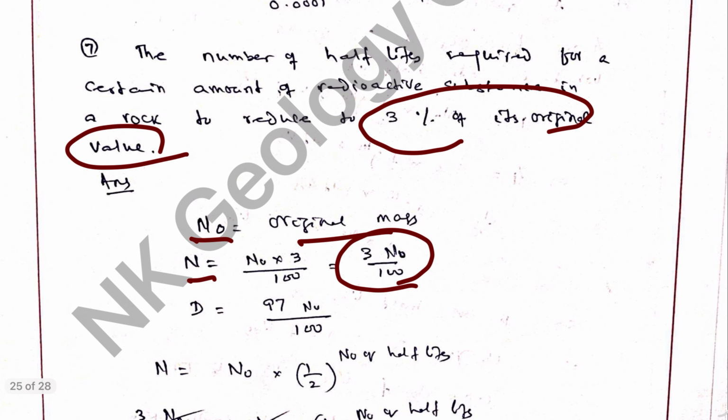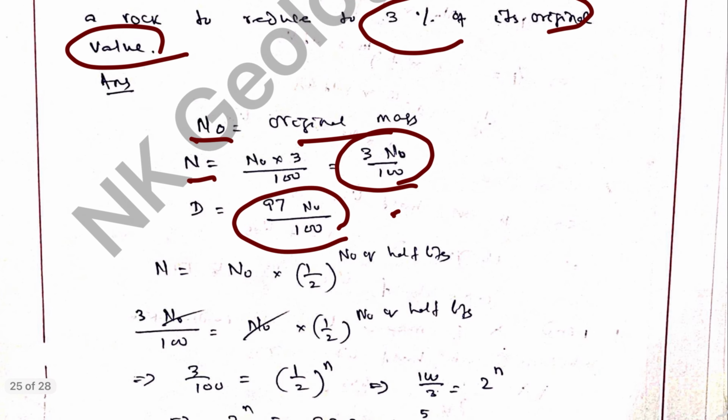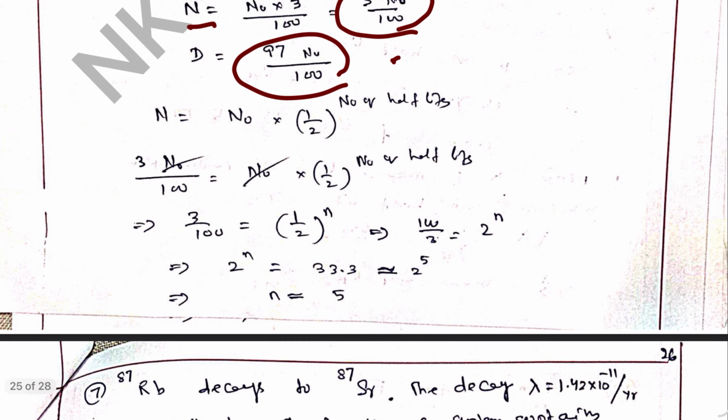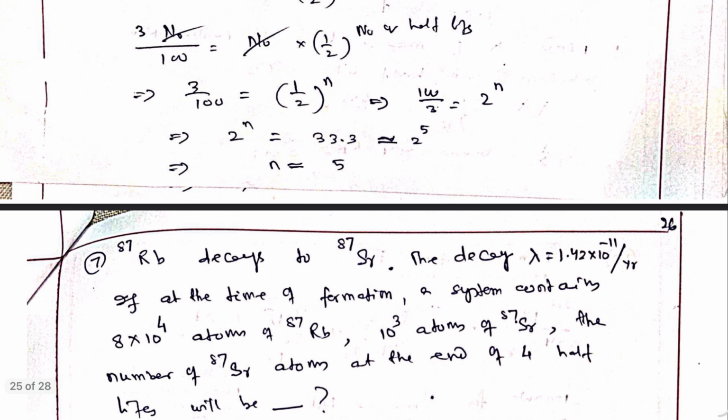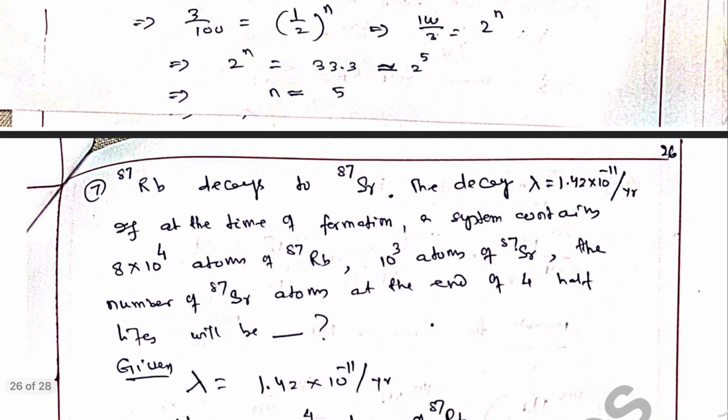So D will be N0 minus 3N0 by 100, it will be 97N0 by 100. So N is equal to N0 into half to the power number of half-lives. So by calculation, N is found to be 5 half-lives.